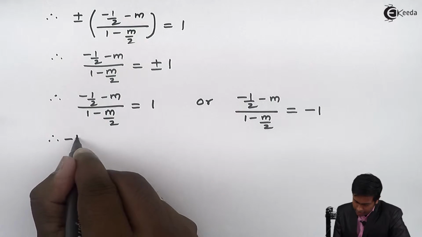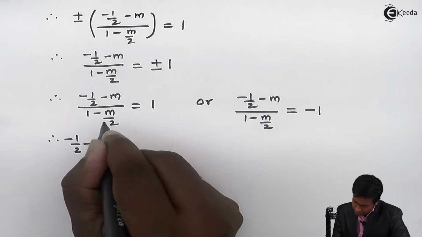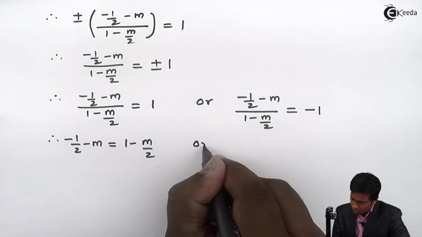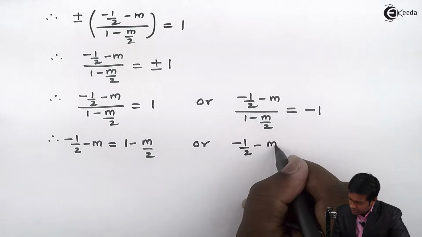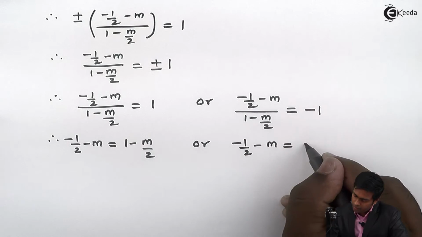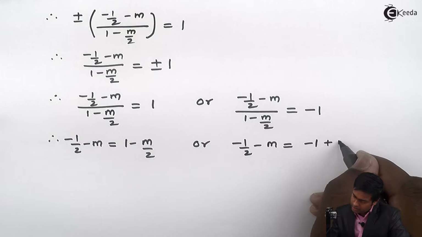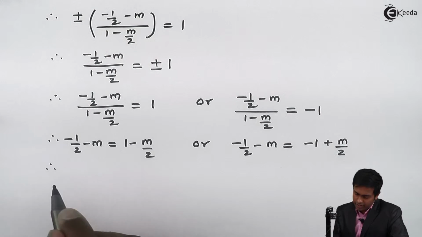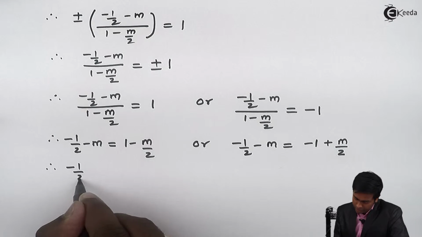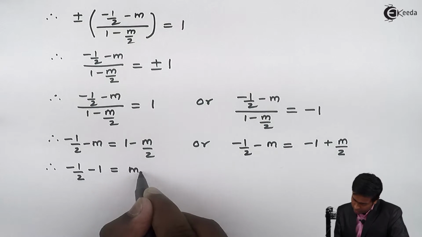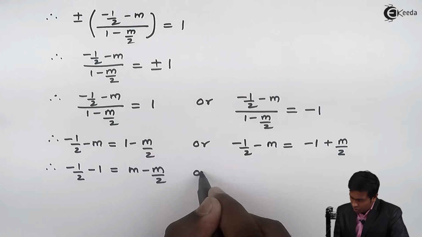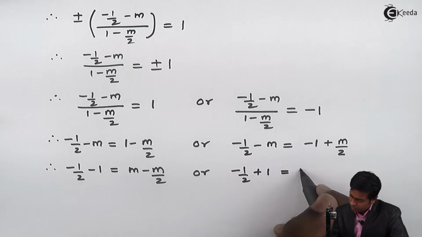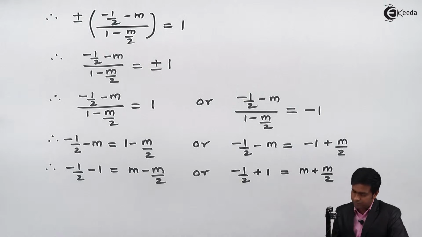So here we'll get minus half minus m equal to, by cross multiplication, 1 minus m by 2, or minus half minus m, by cross multiplication, minus 1 plus m by 2. Now by solving this, we'll get minus 1 by 2 minus 1 equal to m minus m by 2, or minus half plus 1 equal to m plus m by 2.